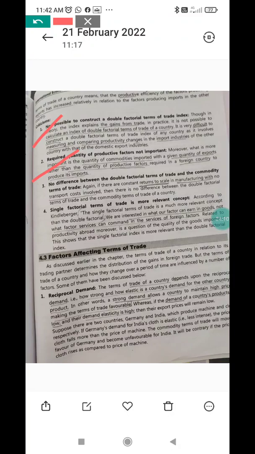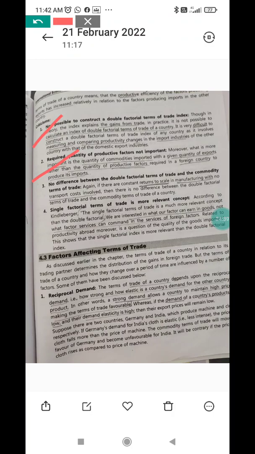Again, I will read here. The required quantity of productive factors is not important. How much quantity the product is, that is not required. What is more important is the quantity of commodities imported with the given quantity of exports rather than the quantity of productive factors required in a foreign country to produce its imports.